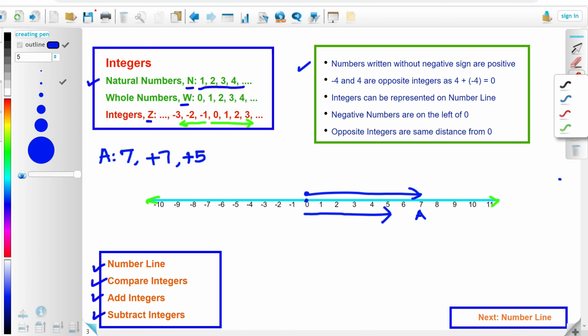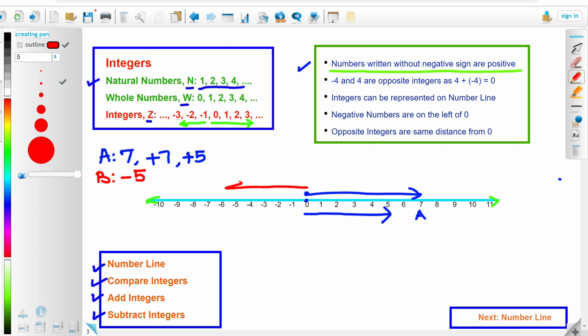The first thing we need to really understand is that numbers written without a negative sign are positive numbers. But if we write a negative sign, then the number is negative. For example, let's say the number B is negative 5. It really means that from 0, I have to move left by 5.